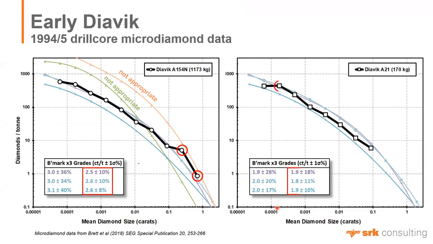And if you eliminate one of the data points, this one over here, you get the same grade range, but with a lower error. And it's because that data point lies off the standard curve. But if you use the benchmarking approach, you can identify that this is an aberrant data point and quantify the error reduction by removing that data point over there. So that's an example from Diavik.